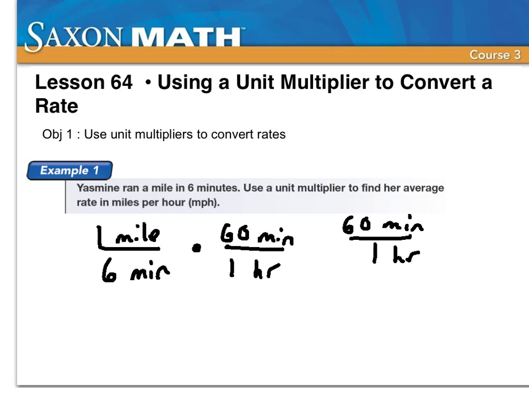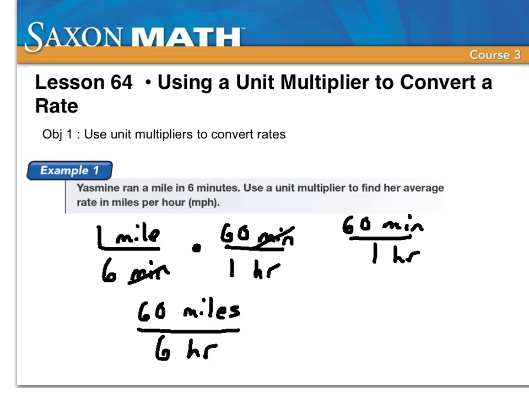So I'm going to end up having 1 times 60 on top, and that's 60 miles, because that unit is still there, over, and on bottom I've got 6 times 1, so that's 6 hours. Now it says I want to find her rate in miles per hour. That's a unit rate. That is miles per 1 hour.